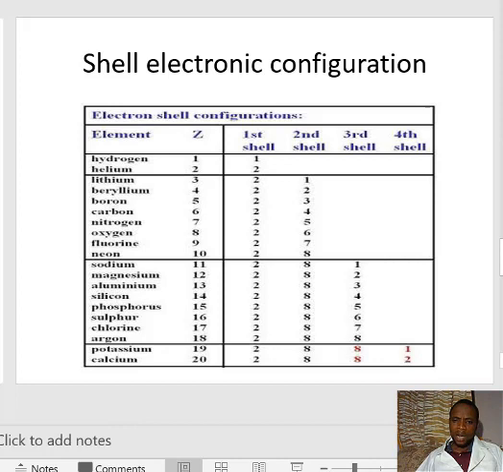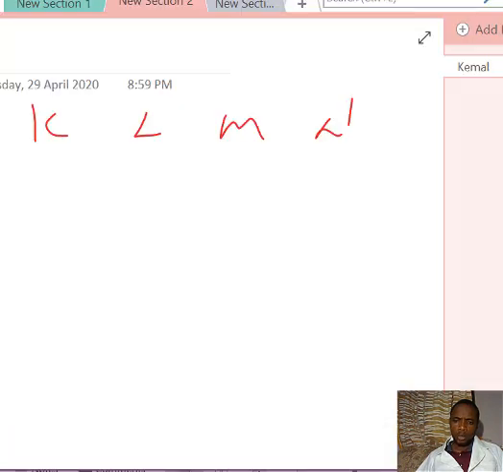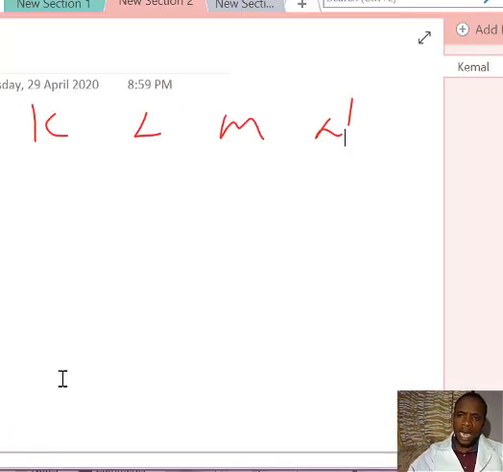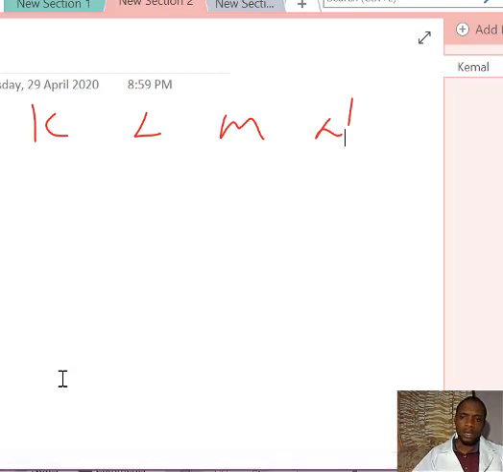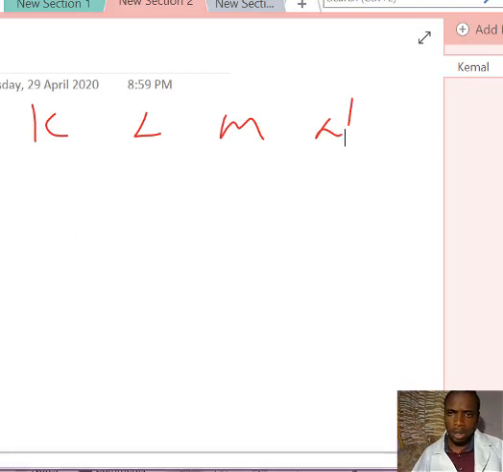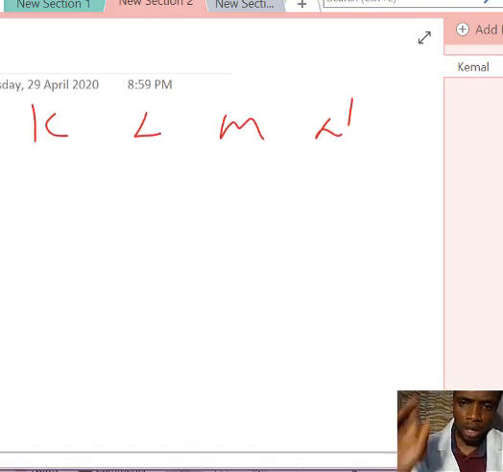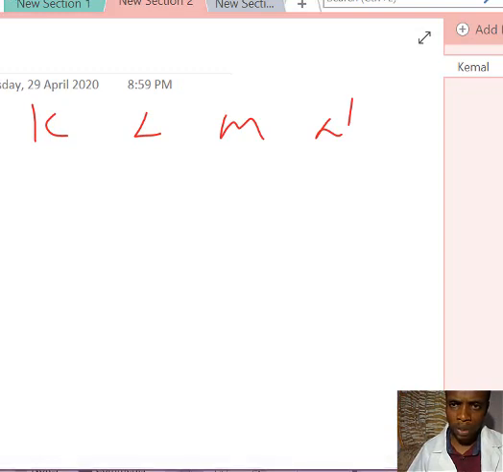Let's quickly look at how the arrangement of electrons according to shell is done. We have K, L, M, N, and we'll look at the first 20 elements. Hydrogen has 1 electron. That 1 electron will be given to the K shell only, so you write 1 under the K.